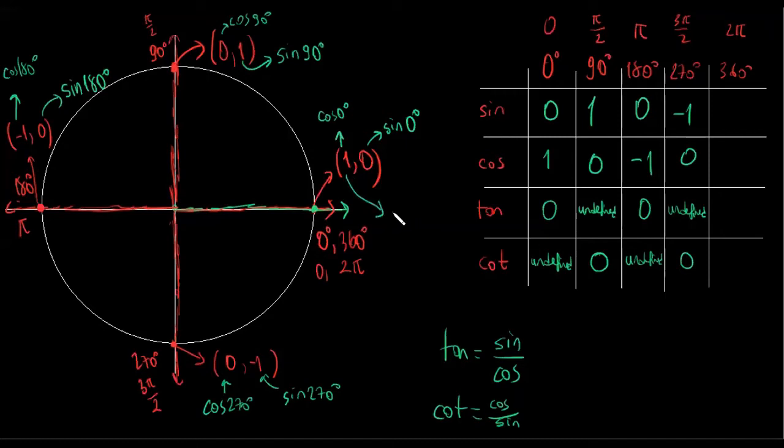The x coordinate is going to be cosine of 360, and 0 is going to be sine of 360. Cosine of 360 is 1, sine of 360 is 0, tangent is sine over cosine, 0 over 1, which is 0, and cotangent is cosine over sine, 1 over 0, is undefined.